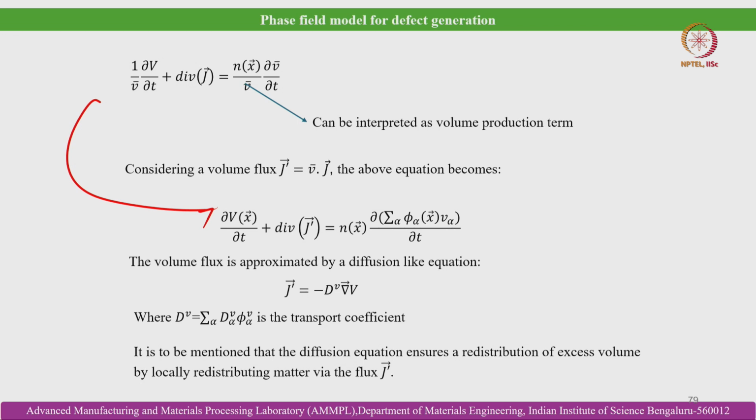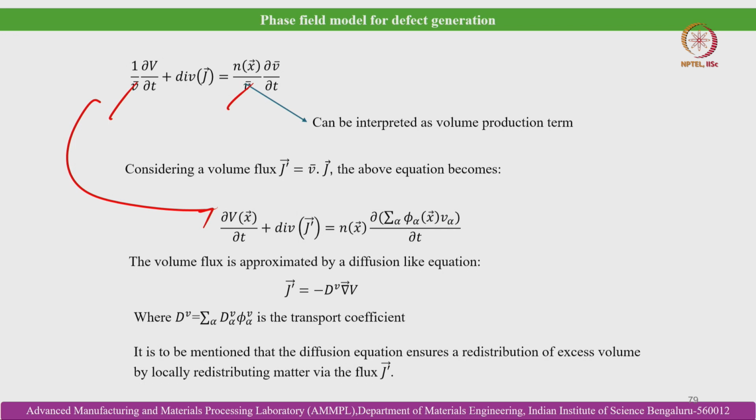Here V bar, that is the volume production term, gets cancelled in both left and right hand side, so this equation gets simplified to: del V by del t plus divergence j bar prime is equal to n x bar del V by del t. Again V bar is written as summation of alpha phi alpha x into V alpha, so V bar is expressed like this.